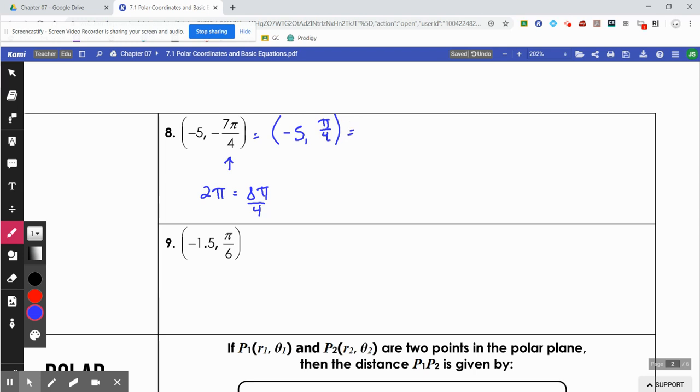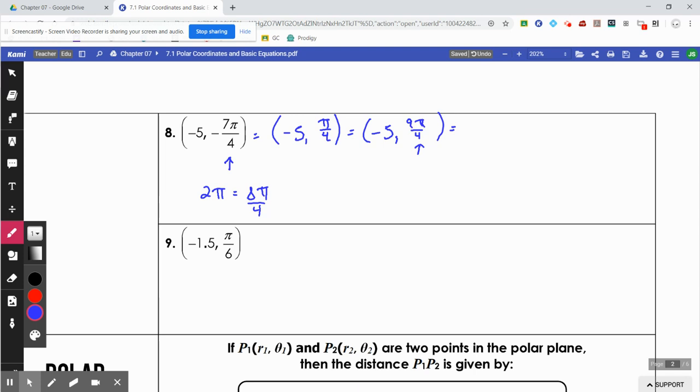Or again, you could subtract off a rotation, and that would be the same thing as -5 and -15 pi over 4. Both of those would be identical. I believe that falls outside of the range. So instead of doing that, you could have added another rotation. That'd be 9 pi over 4, which I think might actually, again, fall outside of that range.